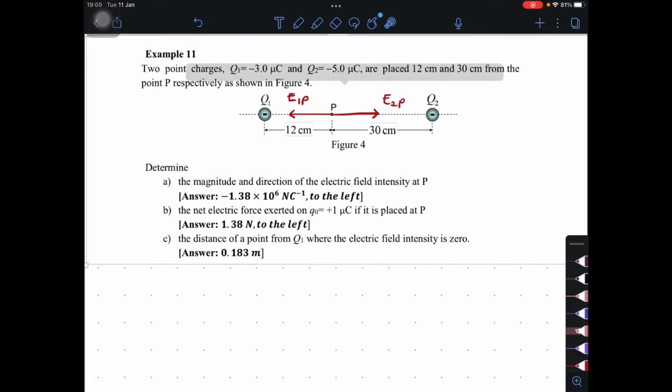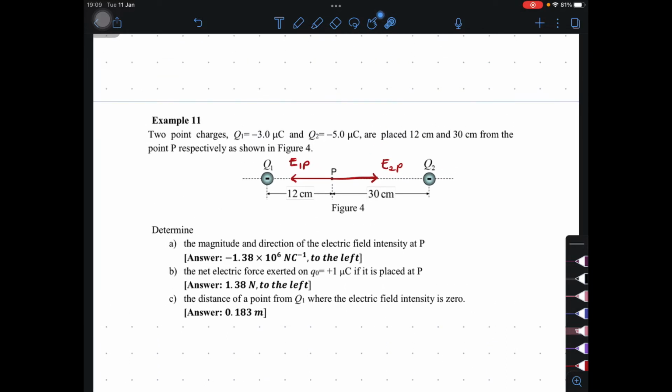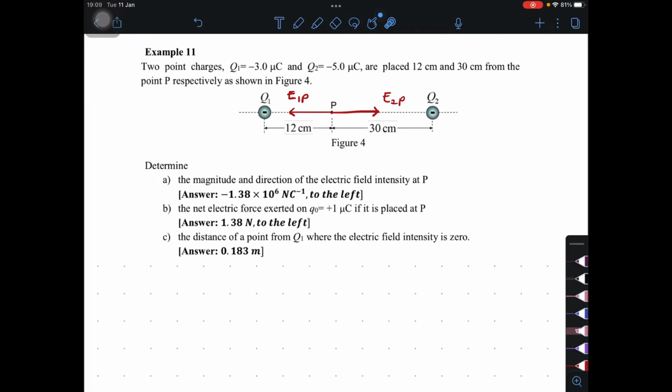Okay, so next we find the magnitude value of E1P and E2P, and then substitute the values. For E1P, Q1 is 3 exponent negative 6 divided by the distance from point P to Q1, 12 centimeter, converted to meter.